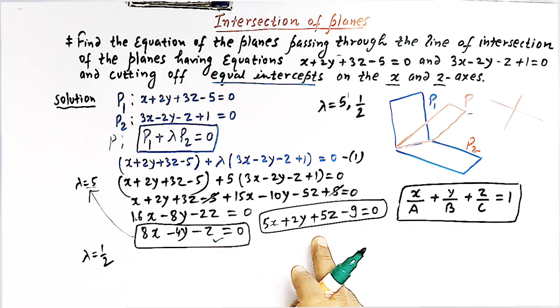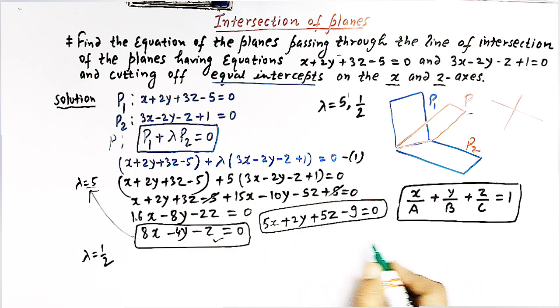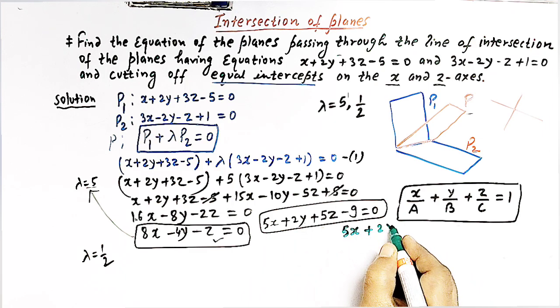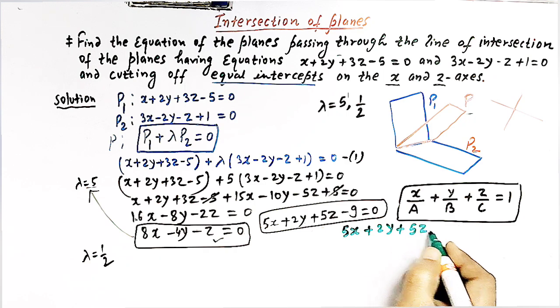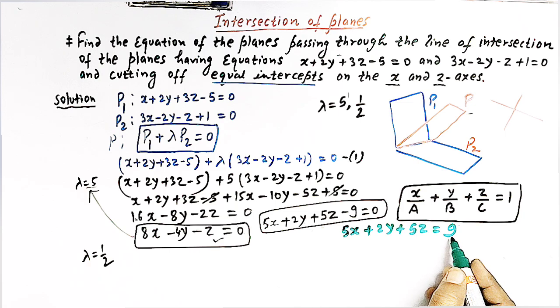So let us first convert this equation into the intercept form, right? So we can write here 5x plus 2y plus 5z minus 9 is equal to 0. So taking this negative 9 to the right hand side, and let us divide both sides by 9.